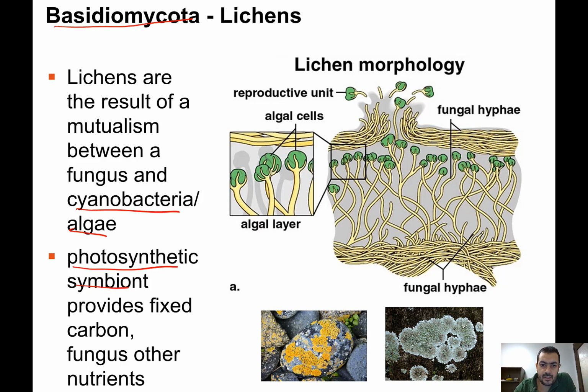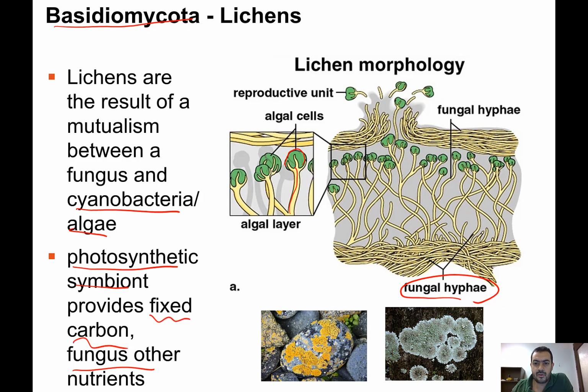So as you can see here, there is an intermixing between the algal cell and the hyphae of the fungi. So what types of benefit are being exchanged here? The hyphae of the fungi take up the nutrients from the surrounding media and provide these nutrients to the algae or the cyanobacteria, while the algae or cyanobacteria give fixed carbon.